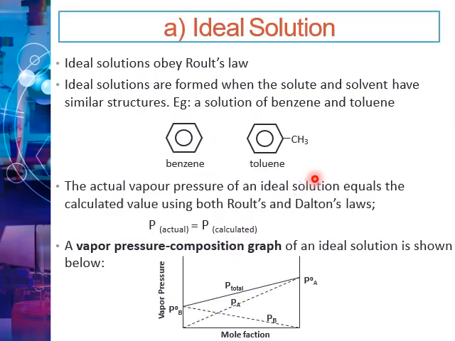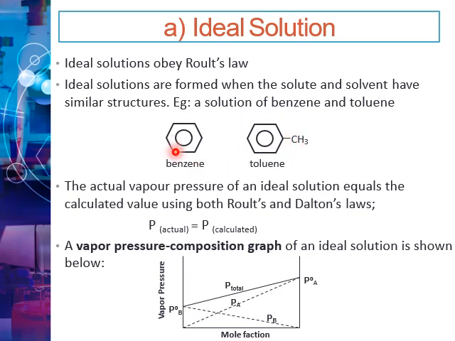Right, so now we go with ideal solution. I mentioned that with two components, you have two kinds of solution: one is ideal, another one is non-ideal. An ideal solution is a solution that obeys Raoult's law, where PA is equal to XA PA naught. Ideal solutions are formed when the solute and solvent have similar structure, almost similar, but with one branch a bit different.